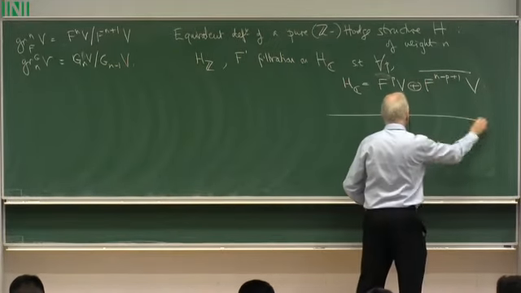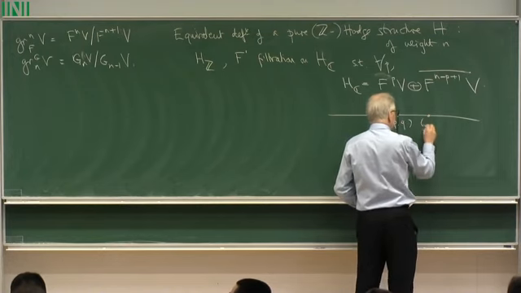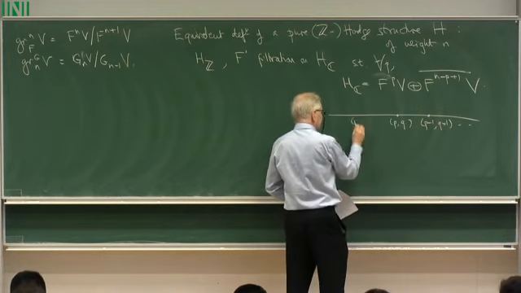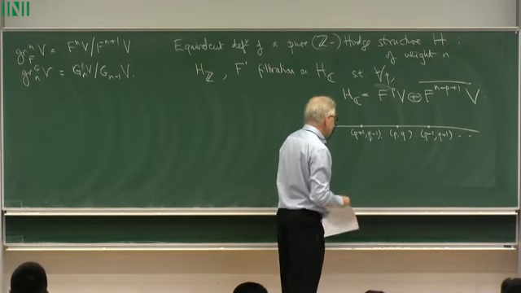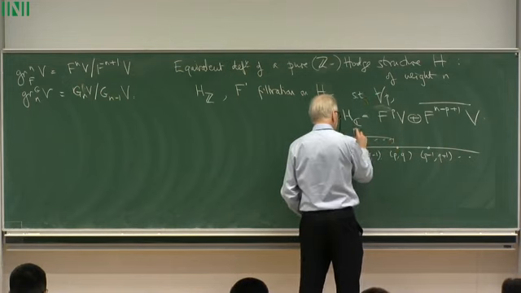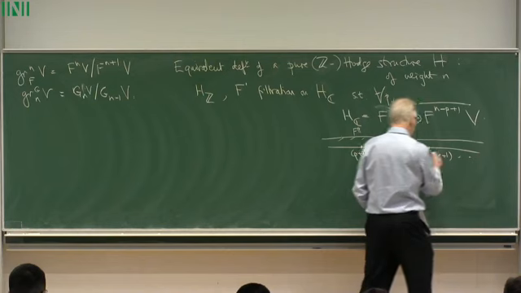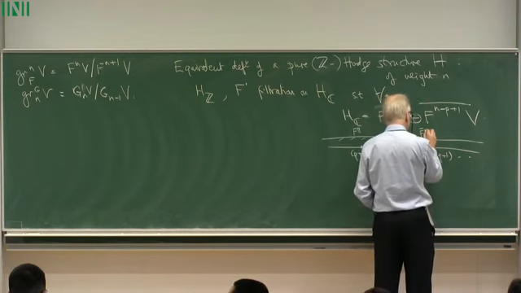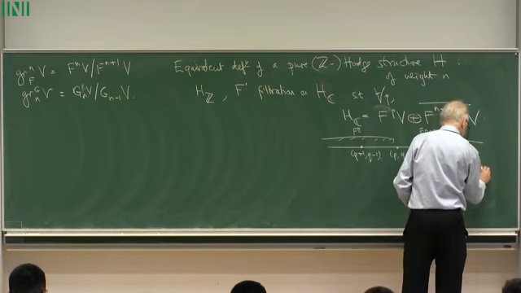So if we just draw the picture here, p-1, q+1, and so on, p+1, q-1, and so on. So this is F^p, and then this is F-bar^{q+1}, and so that's F-bar^{n-p+1}, if p plus q is n.